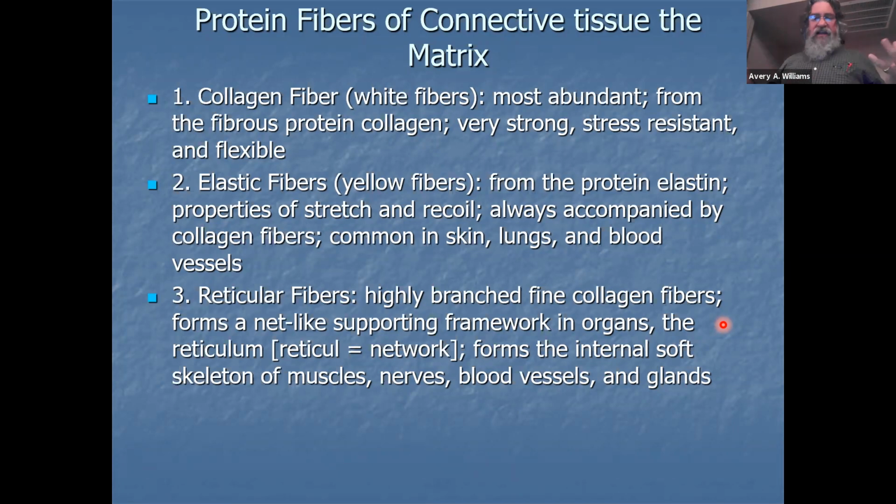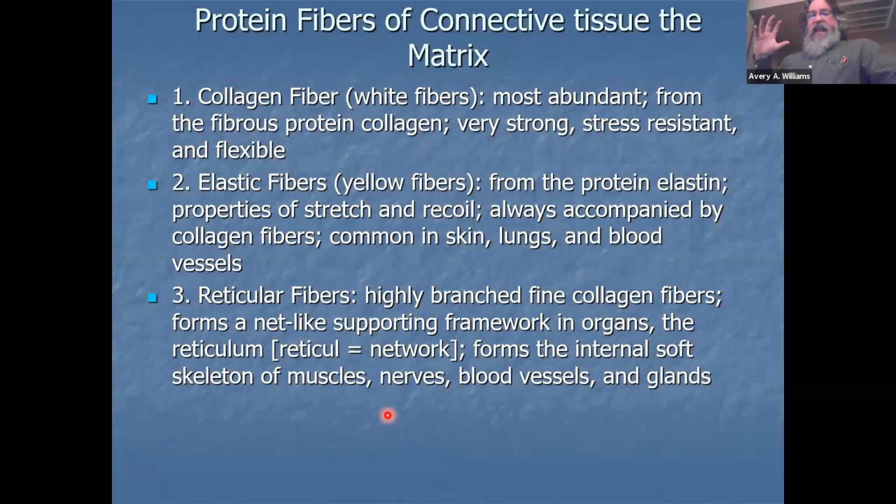If you look at the structure of any organ, like muscles, nerves, blood vessels, glands, the shape of a lymph node, for example, it's a classic place to look at reticular fibers. A lymph node has a shape, your kidneys have a shape, everything has a shape.